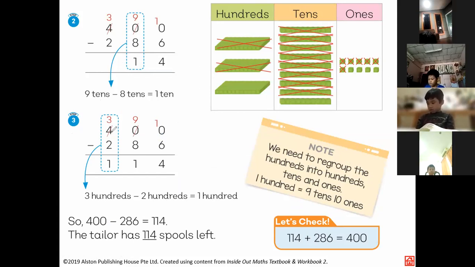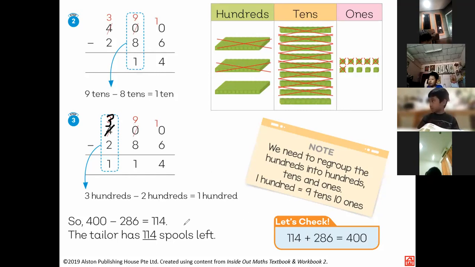Step number 3, since we borrowed 1 from here, so number 4 will become 3 because we put 1 over here. So now 3 minus 2, that's actually 1.